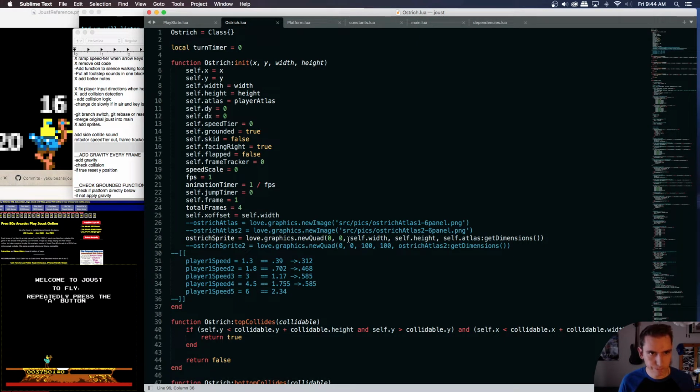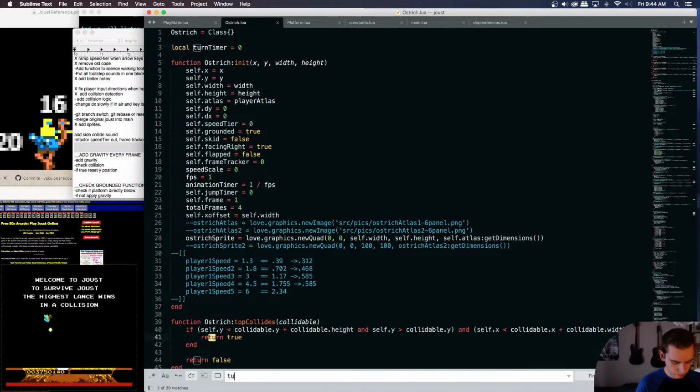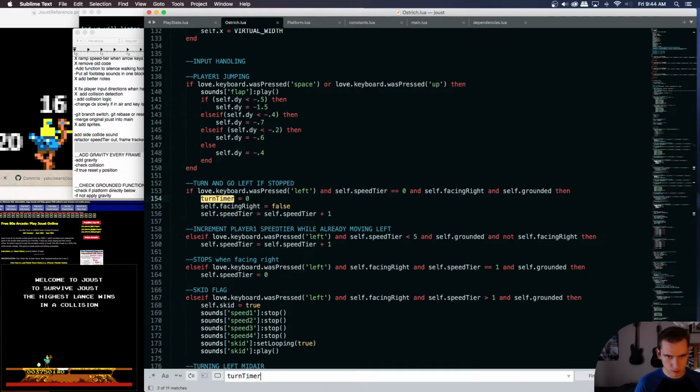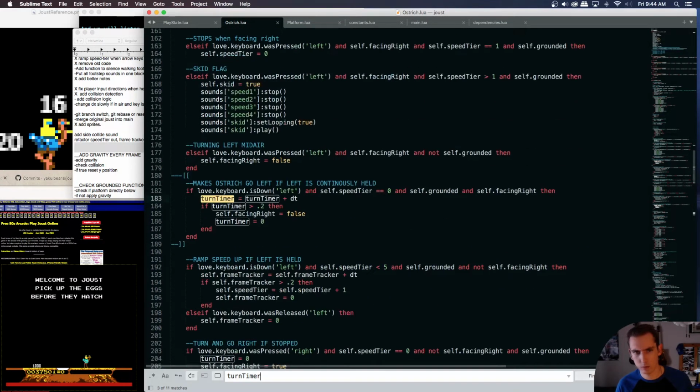So, where do I use this turn timer anywhere? I do. Well, I've just set it equal to 0. I don't really do, oh no, I do here.